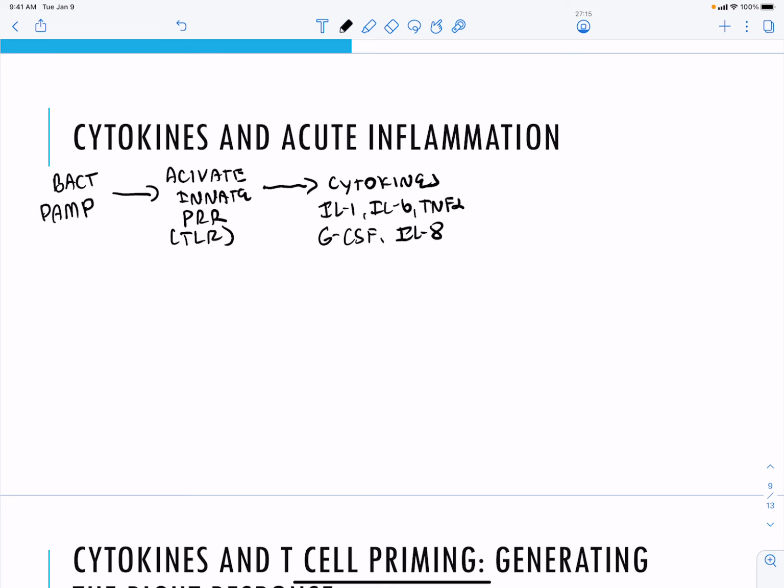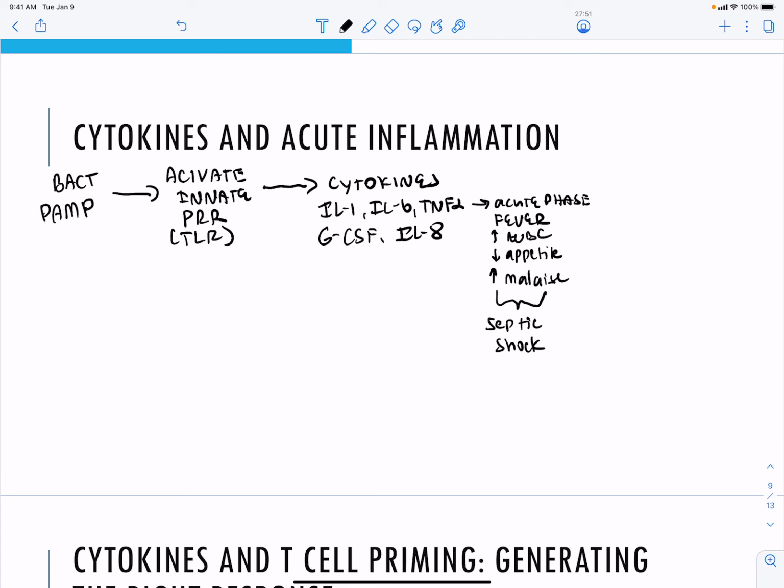And these are going to give our acute phase response, which will be our fever, increased white blood cell recruitment, decreased appetite, increased malaise. All of this can lead to septic shock if it's not under control.